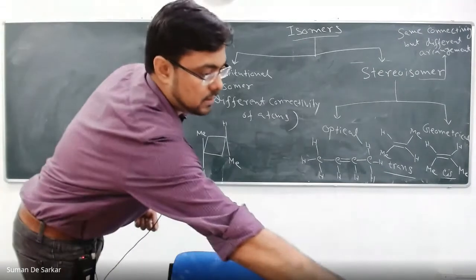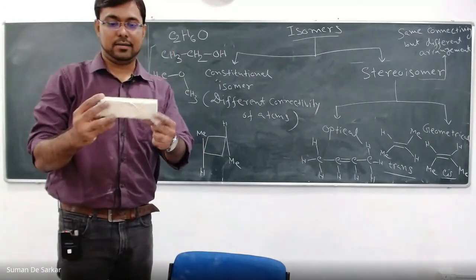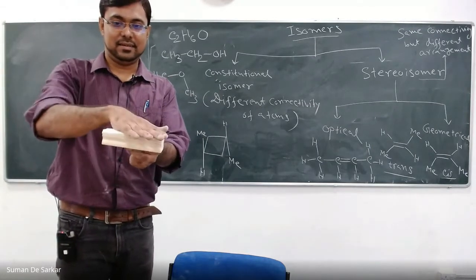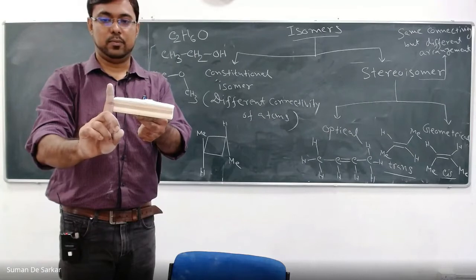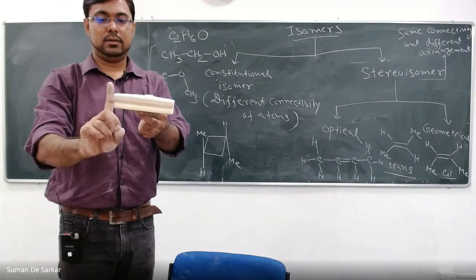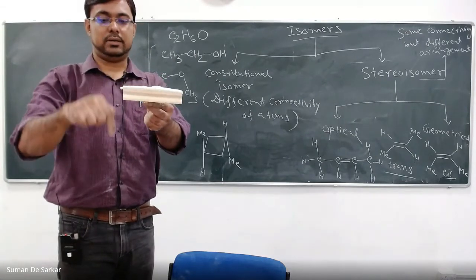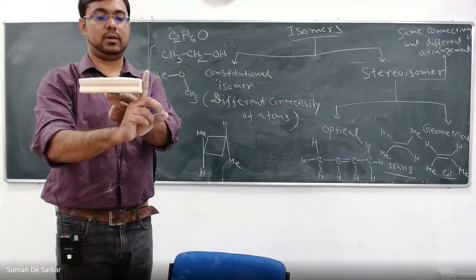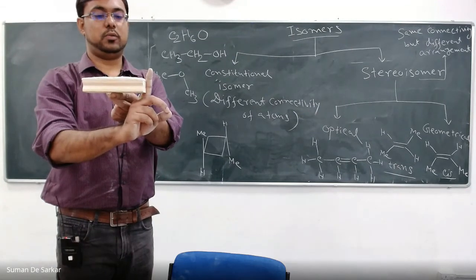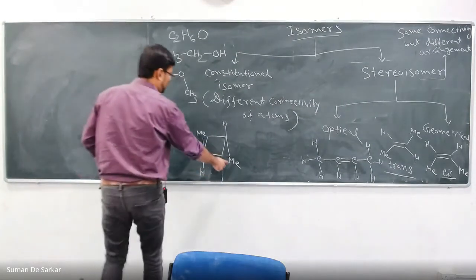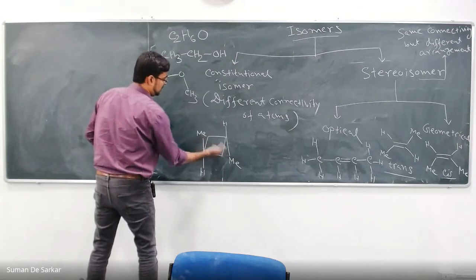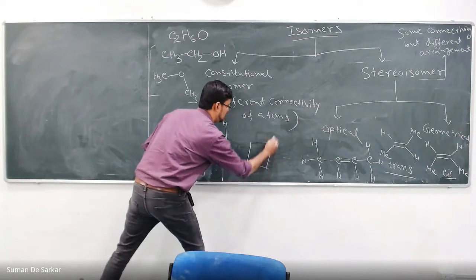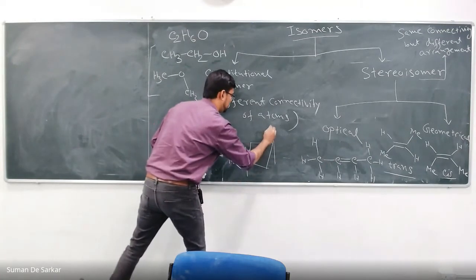Let's take a duster, although it's not square. Just imagine that it's a square like this. With the carbon, one methyl can go up and hydrogen can come down. If I put another substituent on the diagonal carbon, then there are two possibilities: this methyl can be in the opposite direction or in the same direction. So this is also related to geometry.